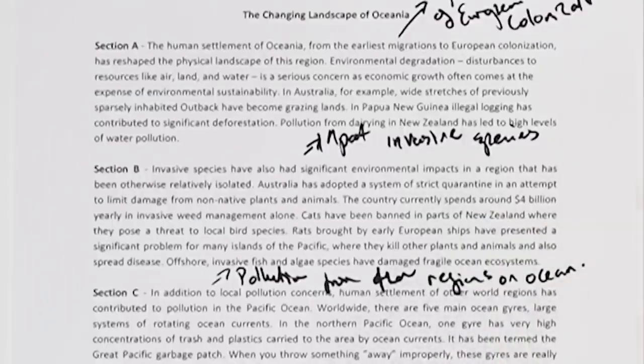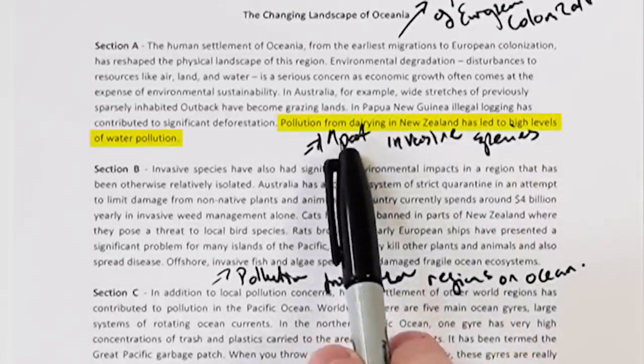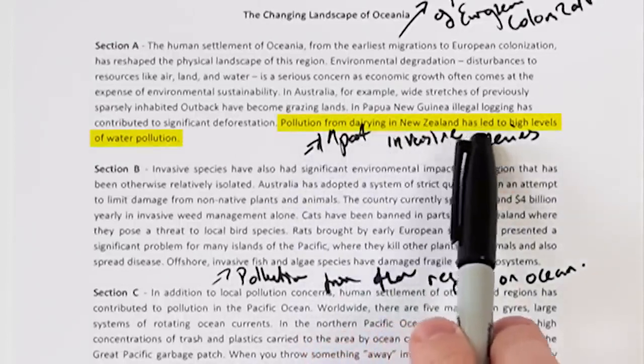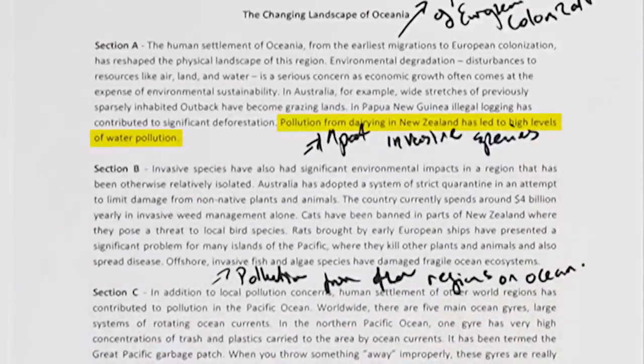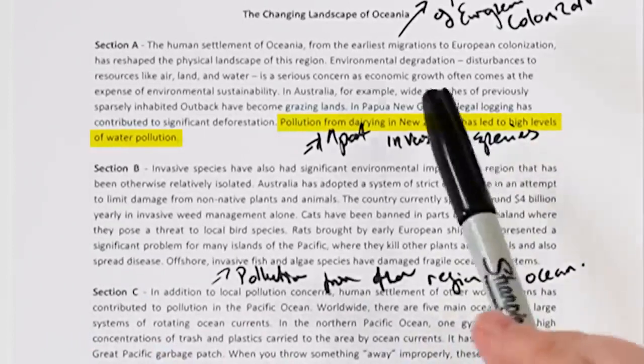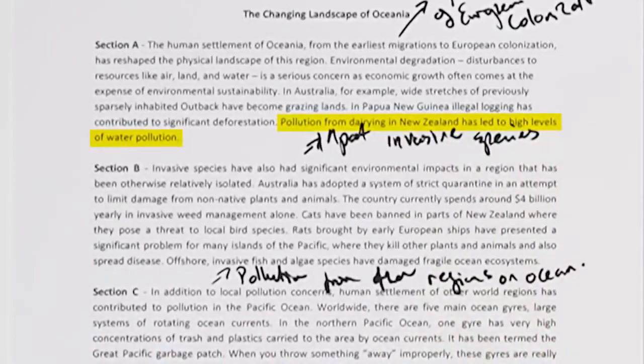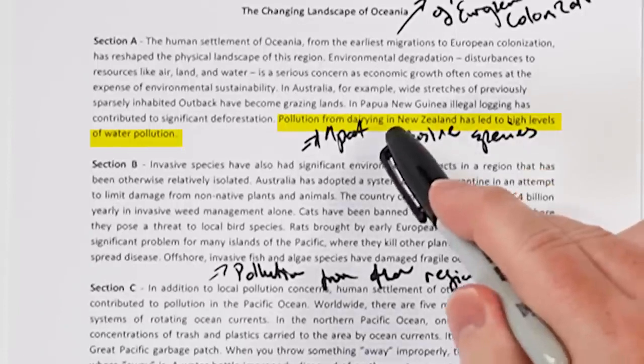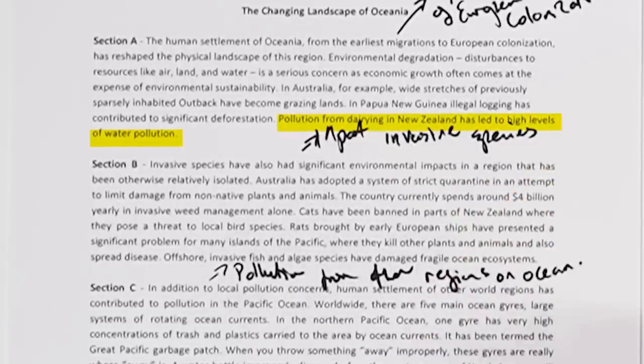So it's not this New Zealand. Is there any other part of this? It says New Zealand here: pollution from dairying in New Zealand has led to high levels of water pollution. So that's actually quite interesting, because you could assume that even if you didn't know dairy meant cows, milking cows, you would just have to look for the word New Zealand and then see dairy, what is it?